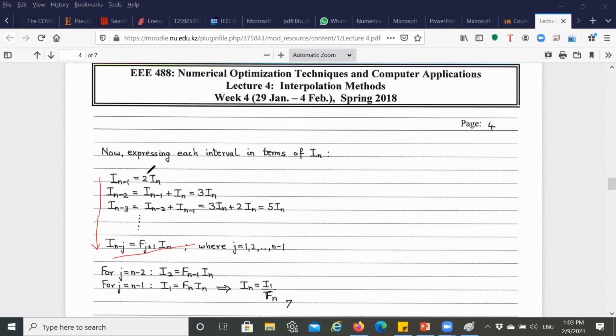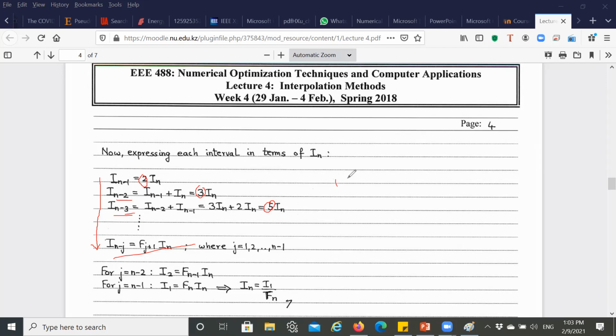So you see, this is 2. This is 3 for N minus 2. For N minus 3, this is 5. So for any j, this would be what? j plus 1. So if j is equal to 3 over here, this was the Fibonacci of 4. So F of 4 should be equal to 5.